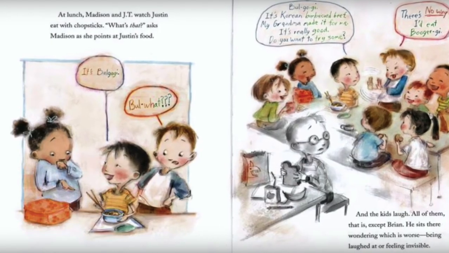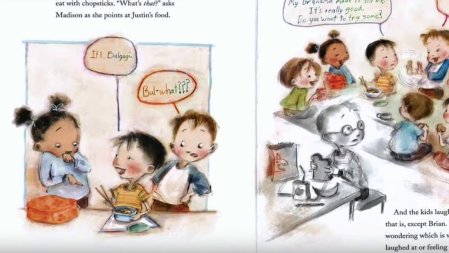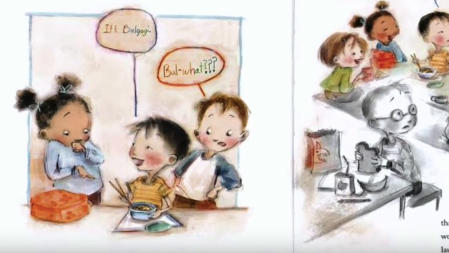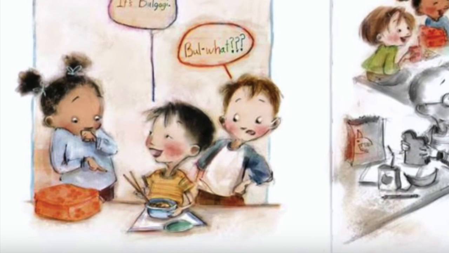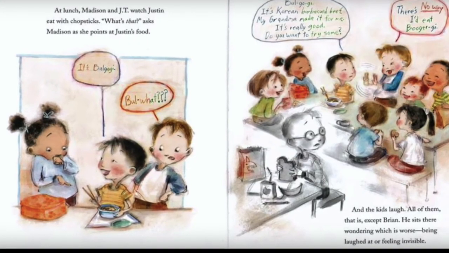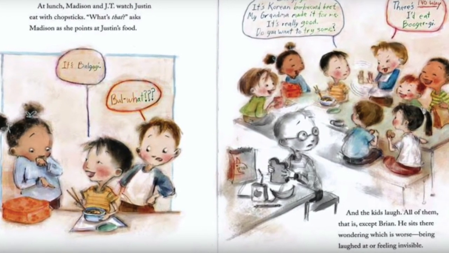At lunch, Madison and JT watch Justin eat with chopsticks. What's that? Asks Madison as she points at Justin's food. It's bulgogi. What? Bulgogi. It's Korean barbecued beef. My grandma made it for me. It's really good.